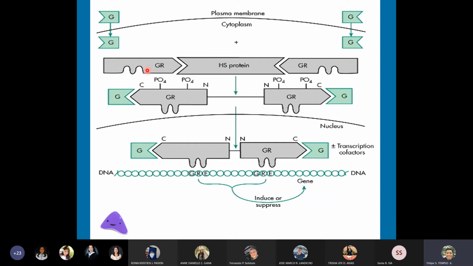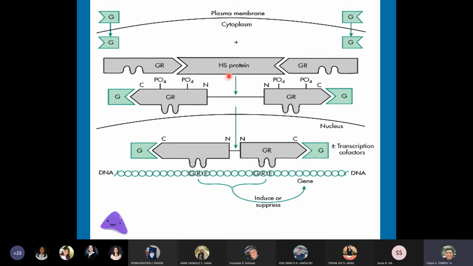Now, your glucocorticoid receptors are very fragile receptors, and they are maintained by your heat shock protein. These are like scaffolding proteins to maintain the integrity of the receptors. So once the glucocorticoids diffuse inside your cells, they will replace and actually displace your heat shock protein.